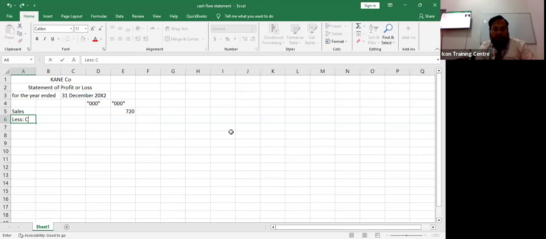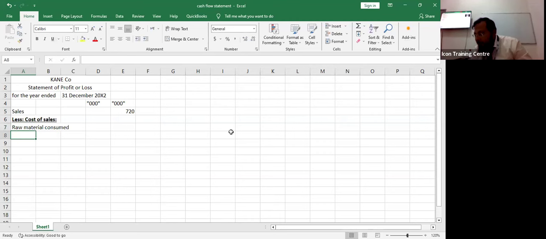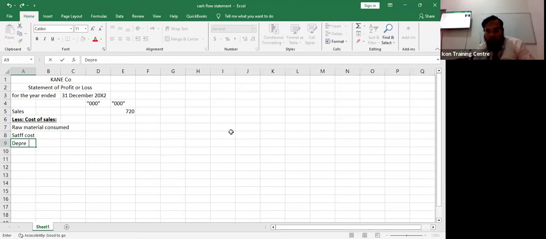Cost of sales. There are a few things like raw material consumed, then staff cost, then depreciation, then loss on disposal of non-current assets.